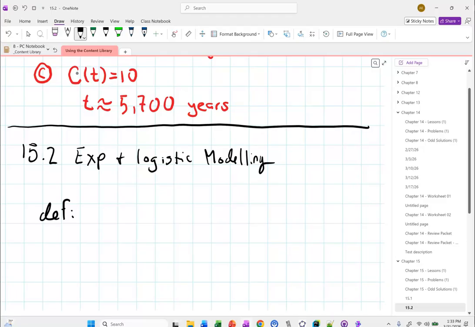Okay, so in section 15.2, we're going to talk about exponential and logistic modeling. So this means if we're talking about modeling, it means that we're going to be writing our equation, right?